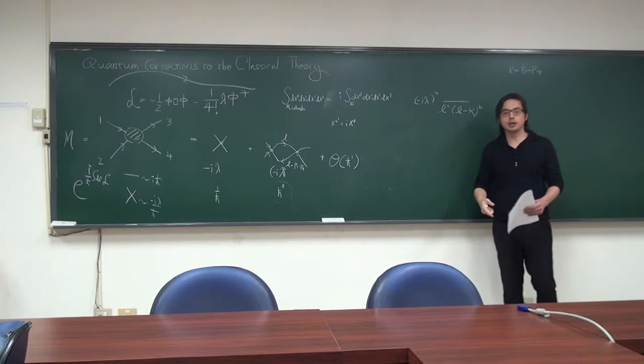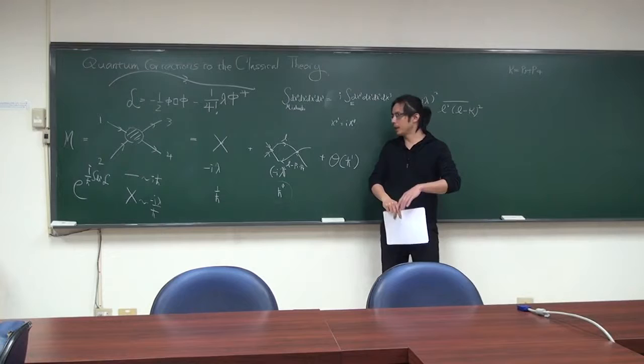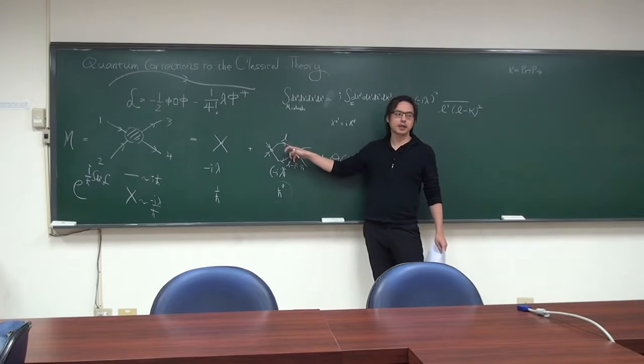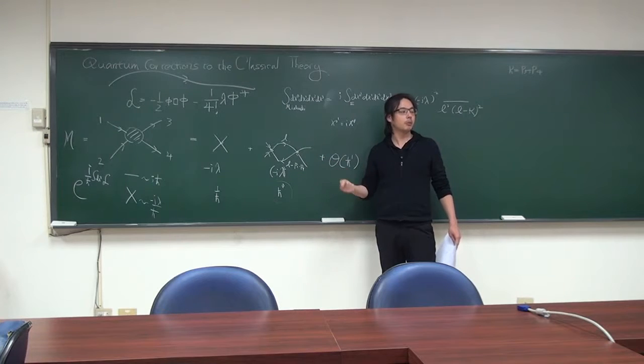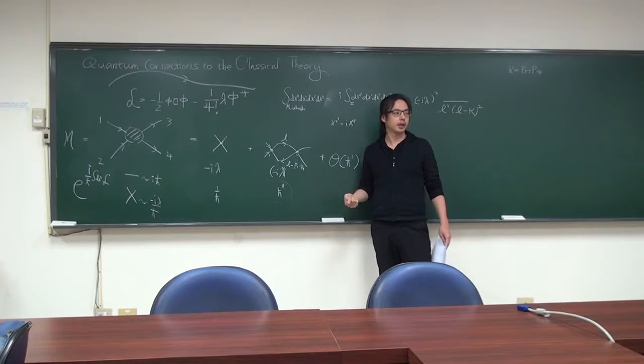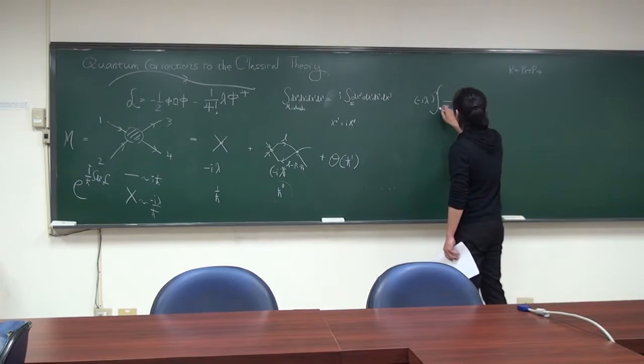You can think of it as needing to sum over all the states that are propagating. Since each momentum labels a state, you need to sum over all possible momenta. And since the momentum is continuous, you need to put an integral here.